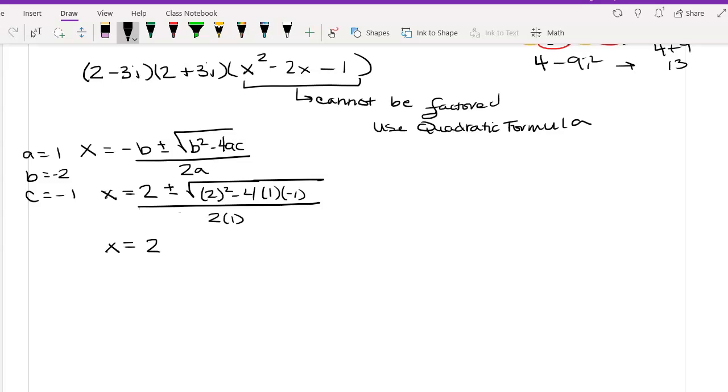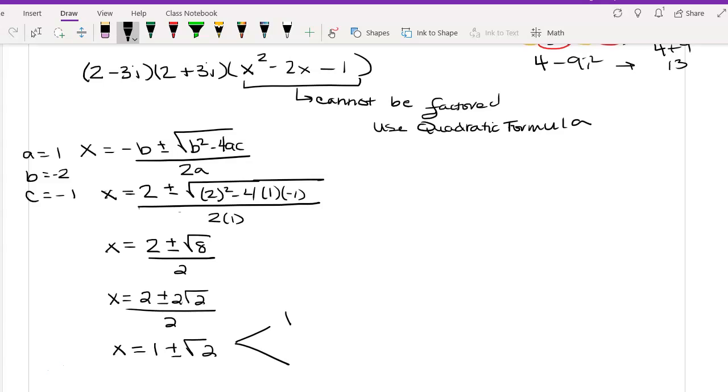So x equals 2 plus or minus the square root of 8 over 2, which is 2 plus or minus 2 times the square root of 2 over 2. We can simplify this out. x equals 1 plus or minus the square root of 2. Which we know, because of the plus or minus, we have 1 plus the square root of 2 and 1 minus the square root of 2.